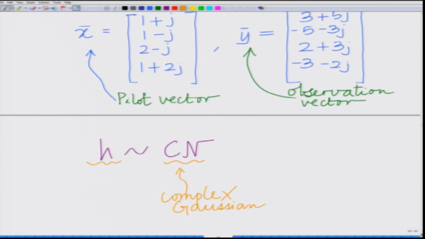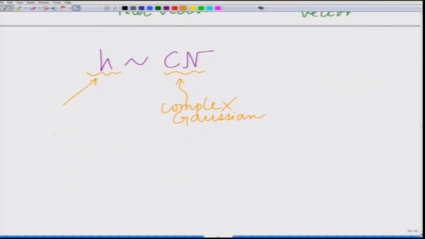When it is complex Gaussian, this is also known as a Rayleigh fading channel coefficient.